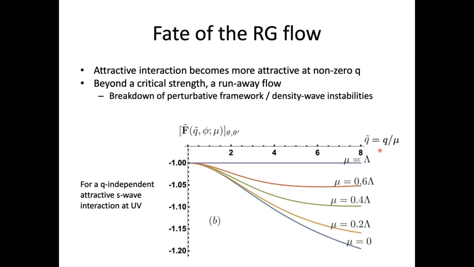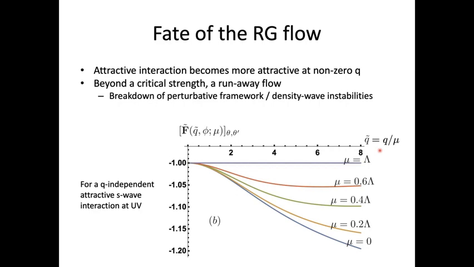Yeah, I think the Pomeranchuk instability can also be understood. For example, as you make the UV coupling more and more attractive gradually, it turns out that the first instability happens at Q equals 0. And probably that is related to the Pomeranchuk instability. Yeah.